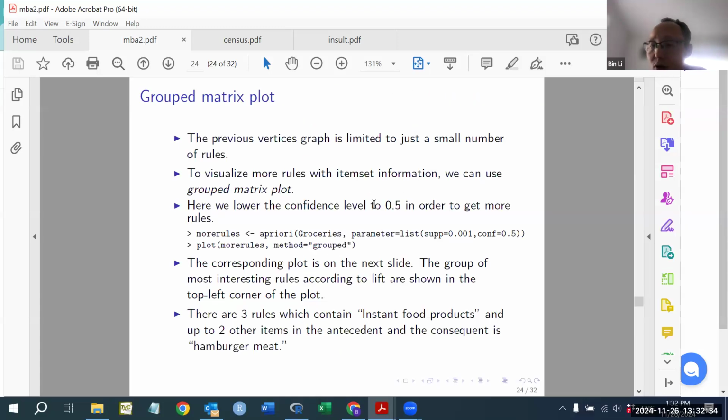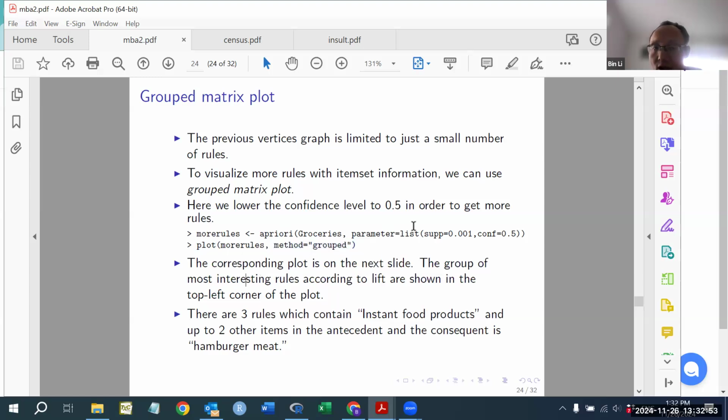So for many rules, we can use a different tool, that is the grouped matrix plot. The grouped matrix plot is still using the plot function, but the method is grouped.